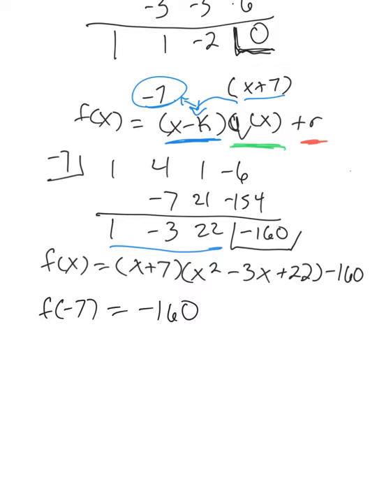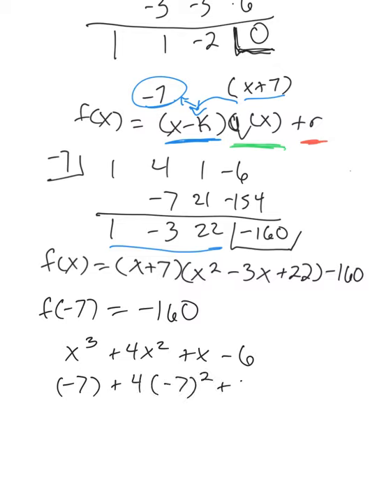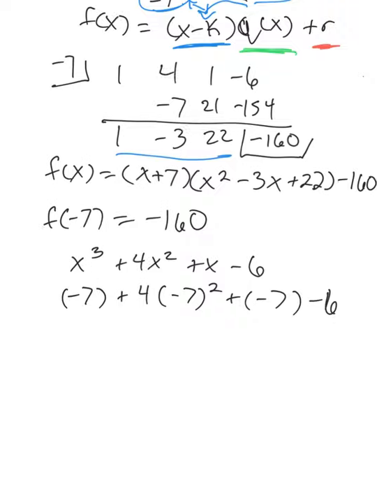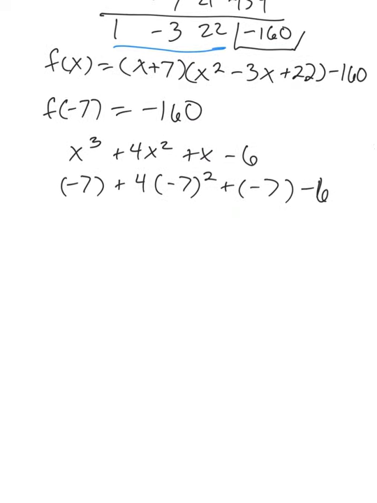So if we take x cubed plus 4x squared plus x minus 6, and put in negative 7 into each spot and work it out, it should equal negative 160. So let's check that theory right now.